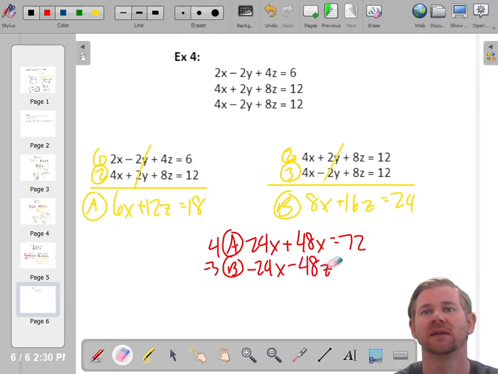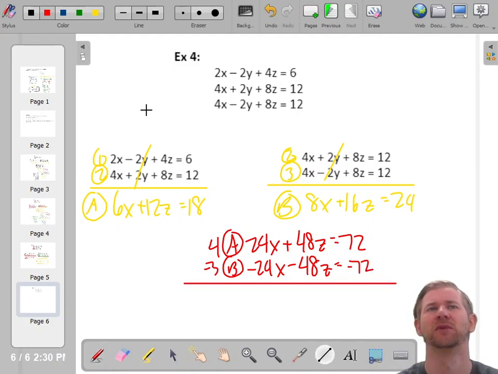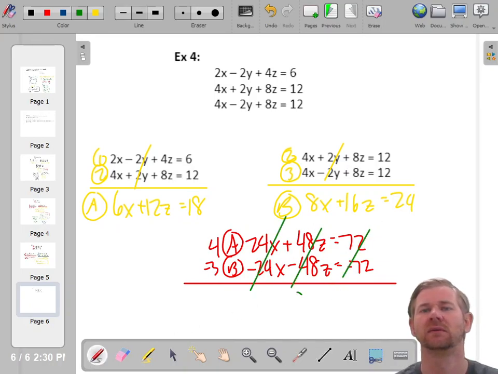Oh, that's supposed to be a z. Right here is a z. And negative 3 times 24 is negative 72. Oh no. Weird again, but for a different reason. 0 equals 0. It sure does.